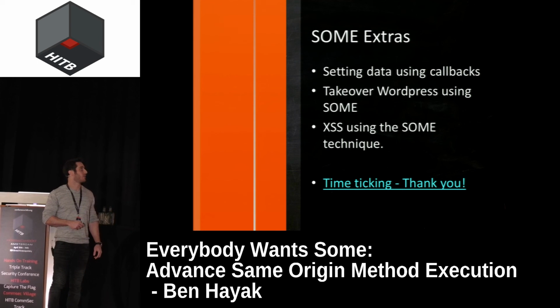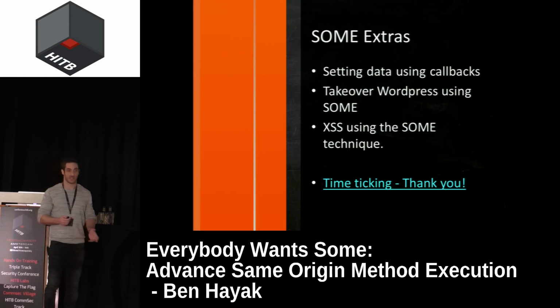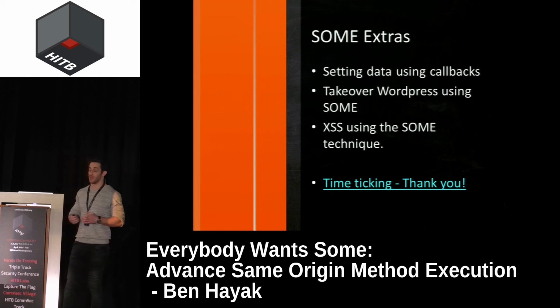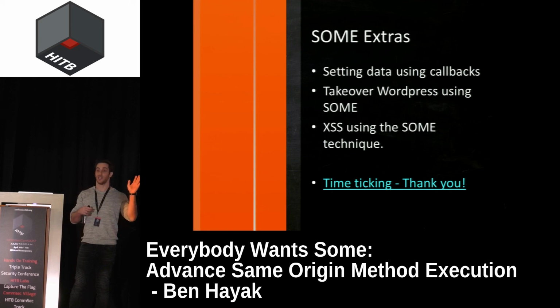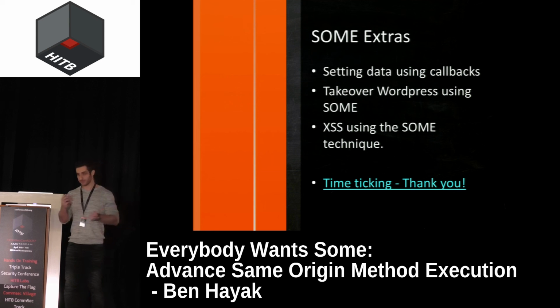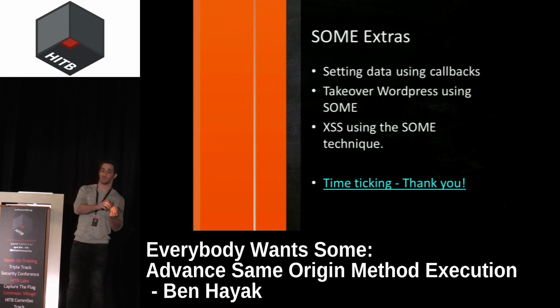There was related work that Matthias Carlsson did, and he did an amazing POC in WordPress. He made a POC that adds yourself as an admin by sending a CSRF to a CSRF protected form of adding an admin, and the CSRF fails. However, it sets data in the fields, and this data can later be combined with SOME to click on the submit form.